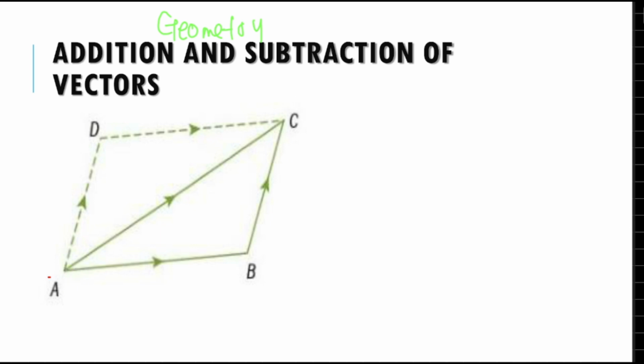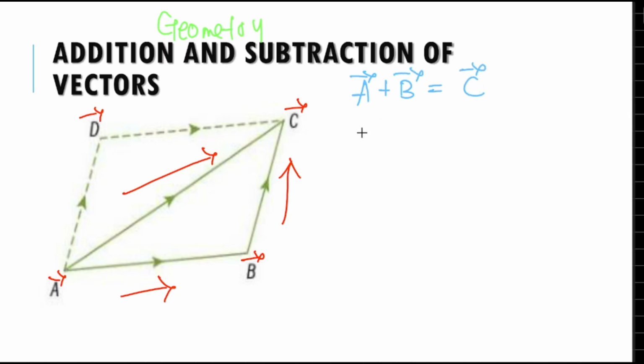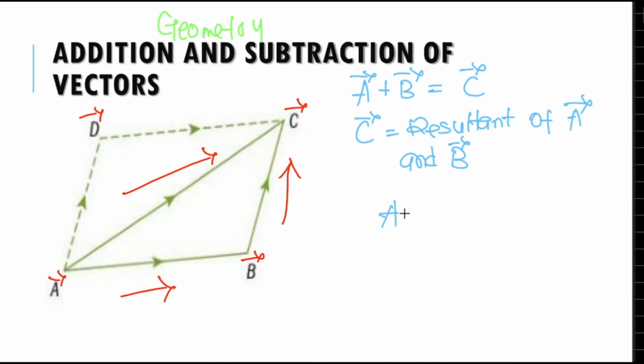If you look at the direction, A goes this way, B goes this way, and C goes this way, and then we have a D. If you add vector A plus B together, the result will be C. C is also called the resultant vector, the resultant of vectors A and B. This is how to compute the resultant of vectors, and it is called vector addition.